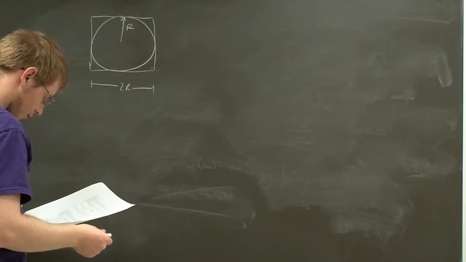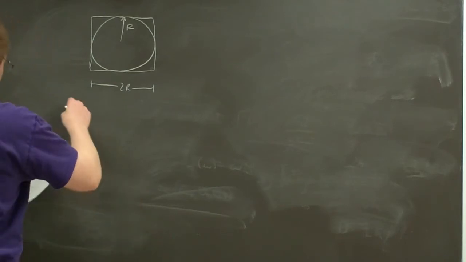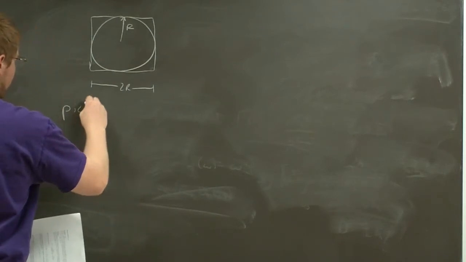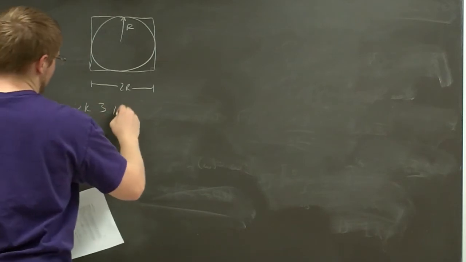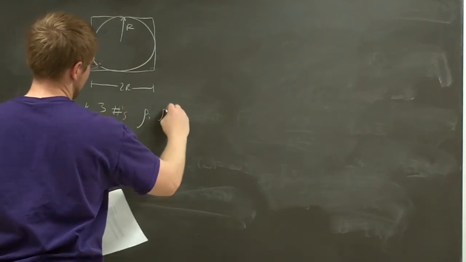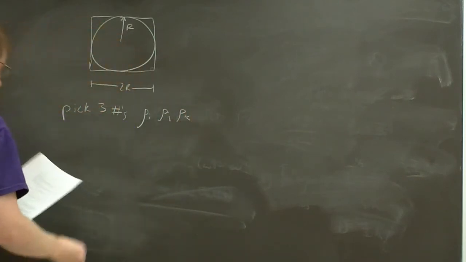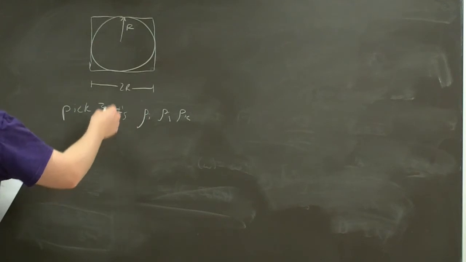And it says you'll pick 3 random numbers. Call them row I, row J, row K. And you can say that this is the origin.